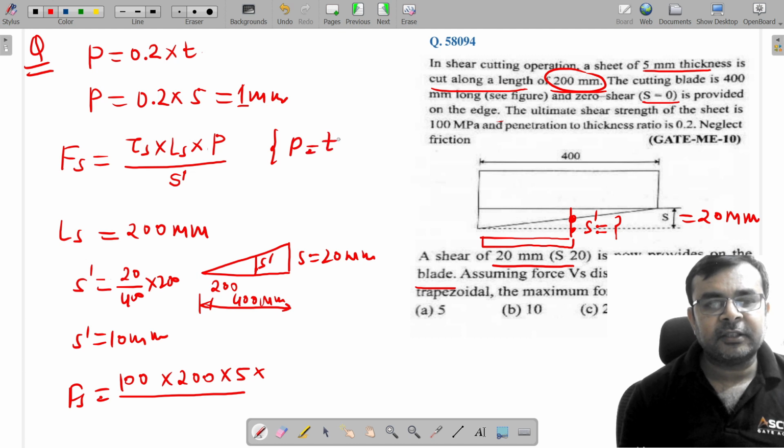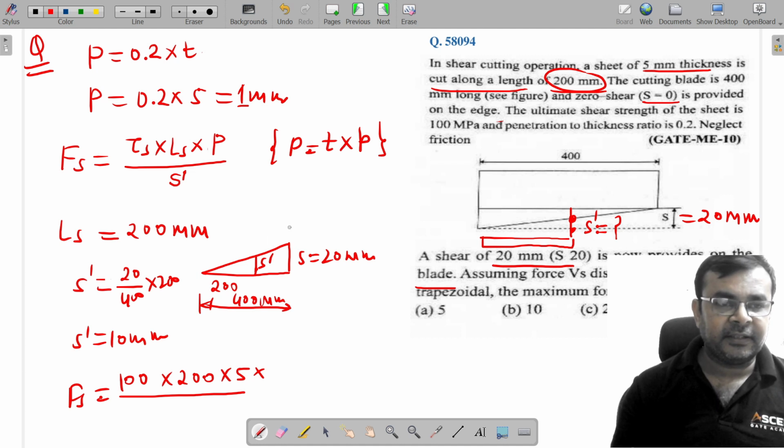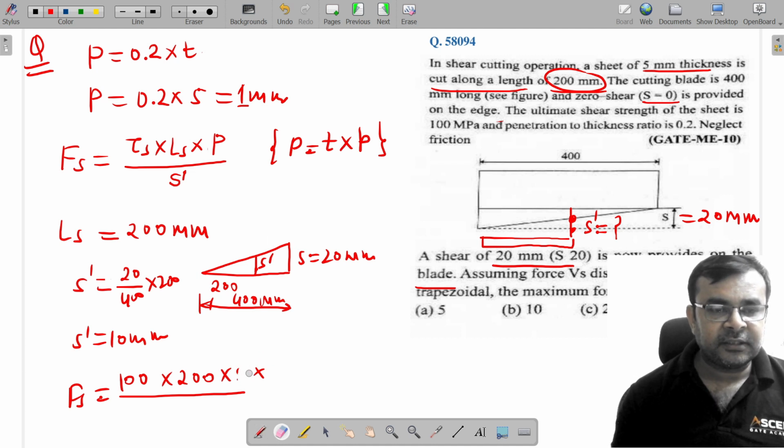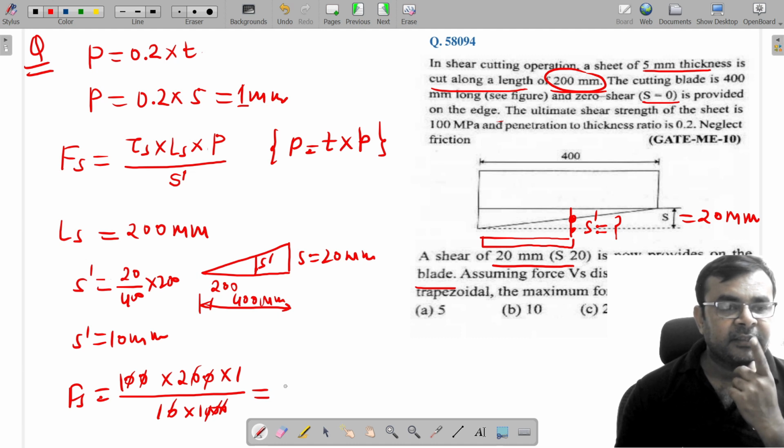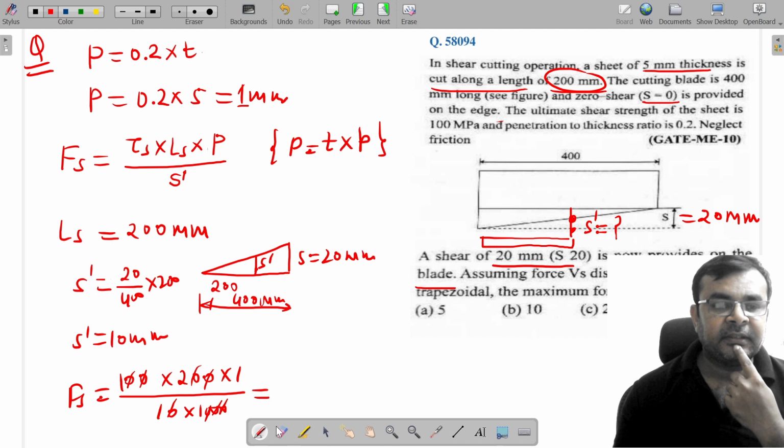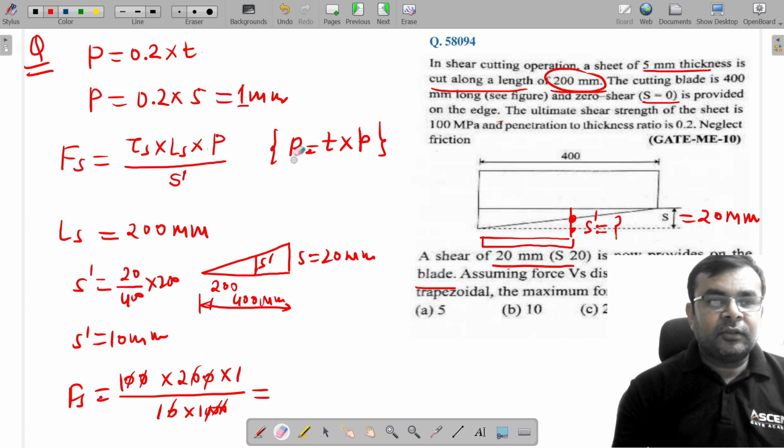Because capital P is nothing but small t into small p, thickness into percentage penetration gives us total penetration, that's P. So instead of using this thickness, can I use directly 1 millimeter over 10? So if you simplify this, and in kilonewton, so can I divide by 1000? So these two zeros cancel out with this, and this zero and this zero cancel out with this. So simply here we get, yes, something is missing here. Length is 200. Okay, so let me check, no issue.